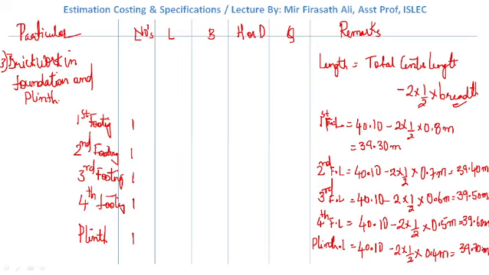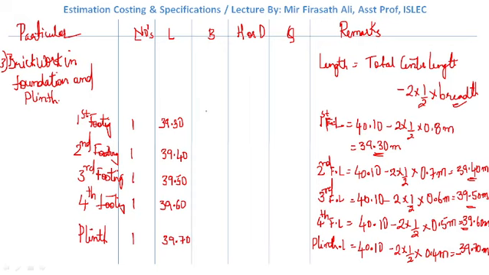Now what we need to do is substitute all these lengths which we have calculated into our main table. So substitute them over here: 39.30, 39.50, 39.60, 39.70.